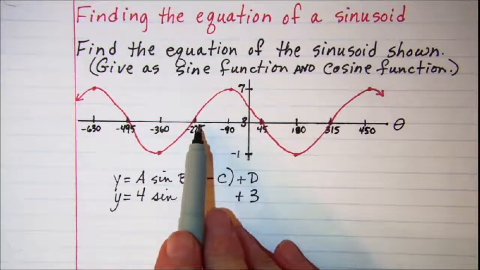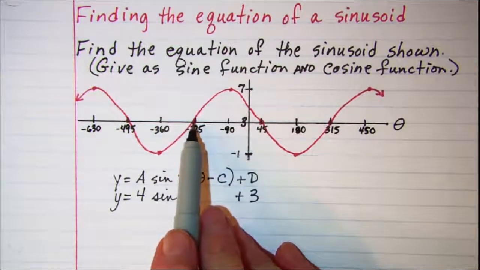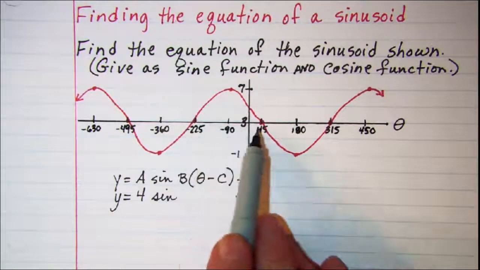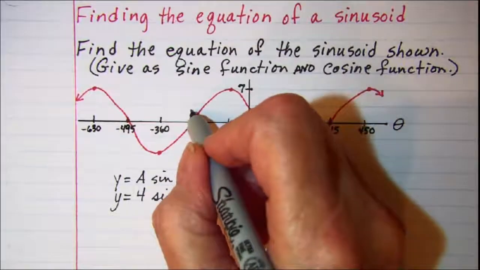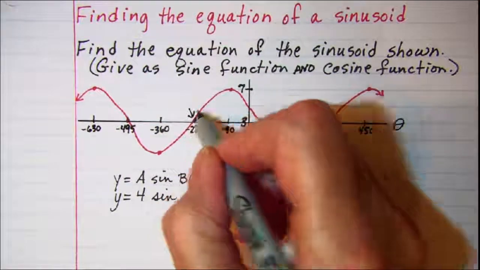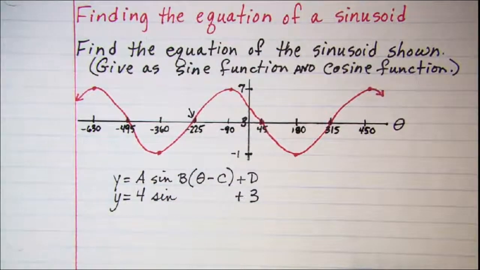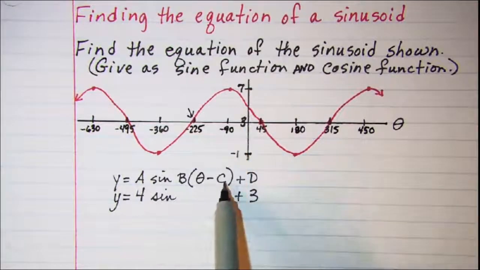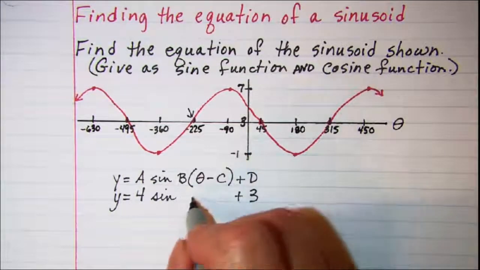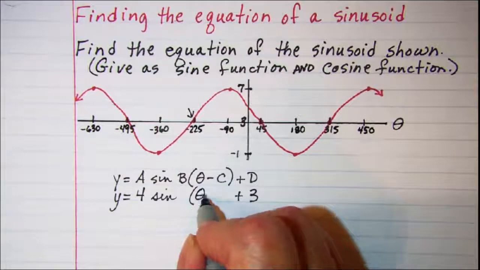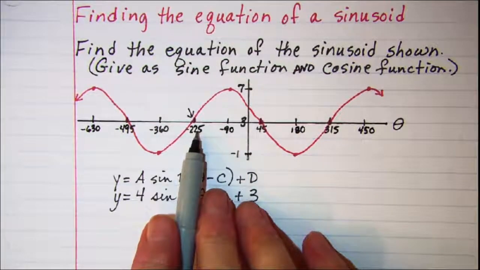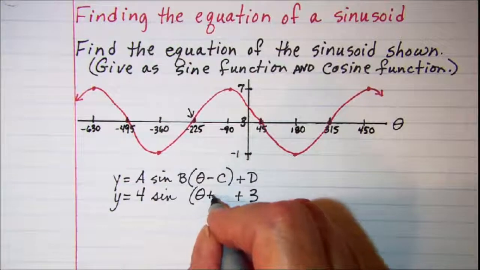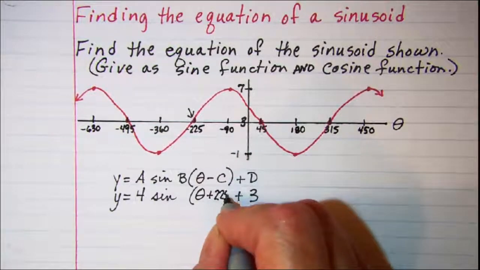But -225 is the closest one to our y-axis. So we'll use that as our starting point for our sine curve, which means that our c value is going to be, since it's left 225, plus 225 here for the c value.